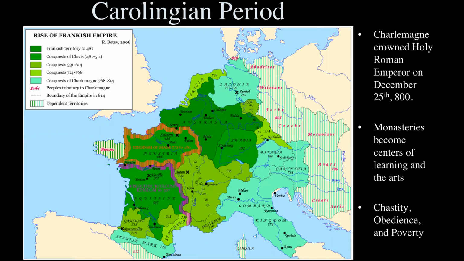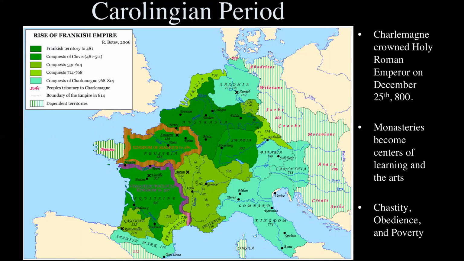So first I'll talk about the period before the Romanesque, which starts in about the year 1000. So the Carolingian period starts about the year 800 or so. And Charlemagne, who was a king of the Franks, so in modern day France, was crowned Holy Roman Emperor on December 25th, 800.